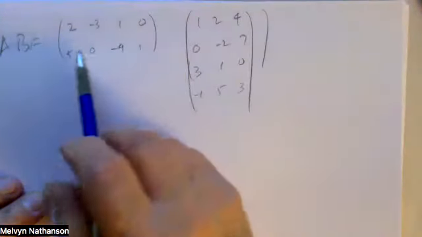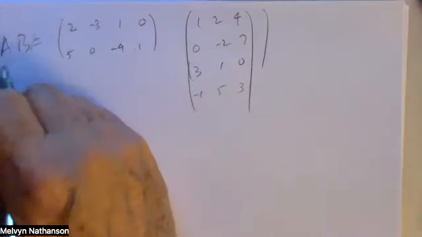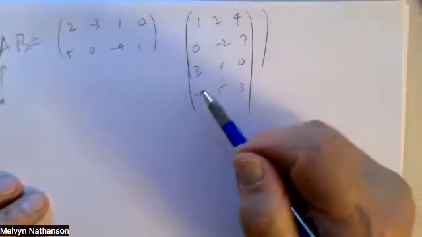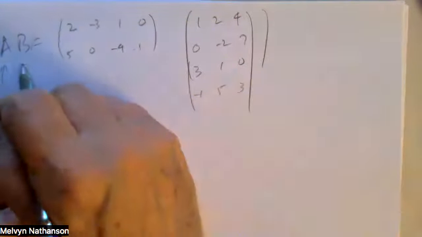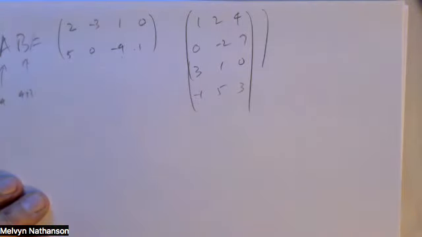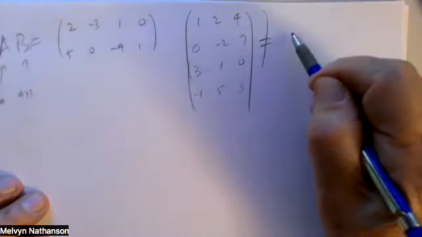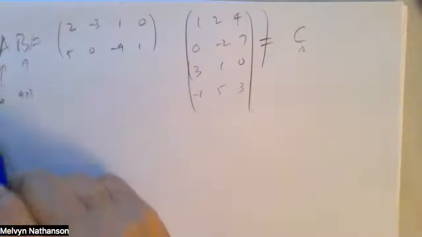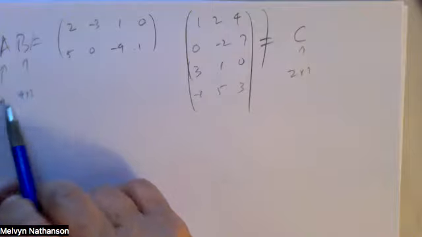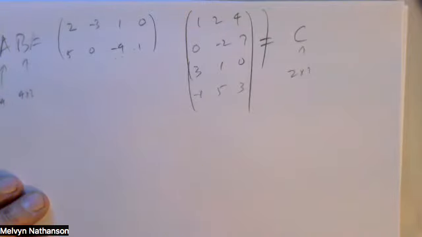So this is A, 2 rows, 4 columns, 2 by 4. This is B, 4 rows, 3 columns, 4 by 3. The product, C, will be 2 by 3. Okay, the 4's cancel in some sense, 2 by 3.